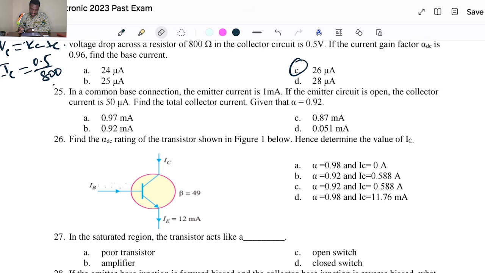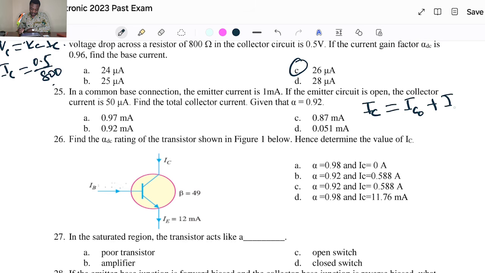The total collector current is going to be equal to the initial current, IO, plus the collector current due to the emitter current.